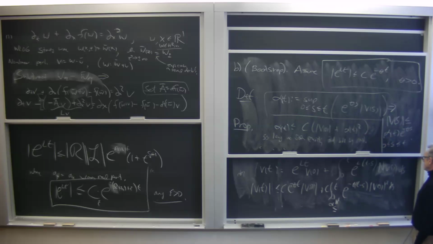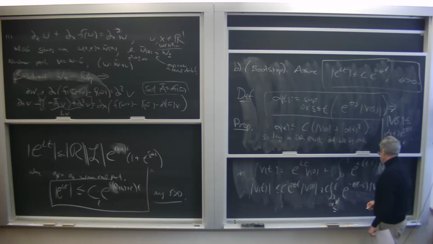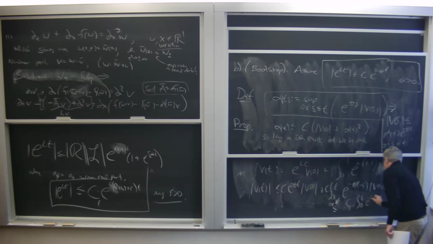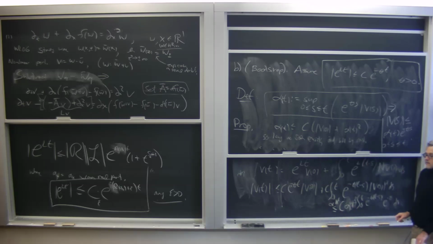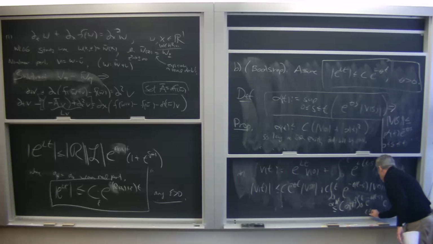So I'm going to write this as less than or equal to the integral from 0 to t of e to the minus theta (t minus s) e to the minus 2s ds, and what needs to go out here is an alpha of big T squared for any big T, so t less than or equal to big T.